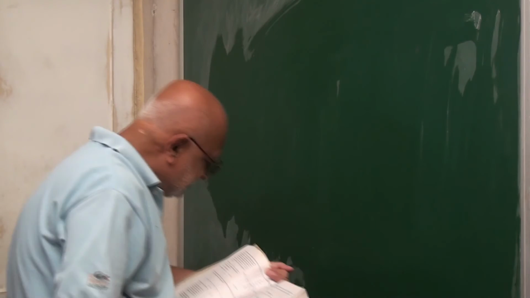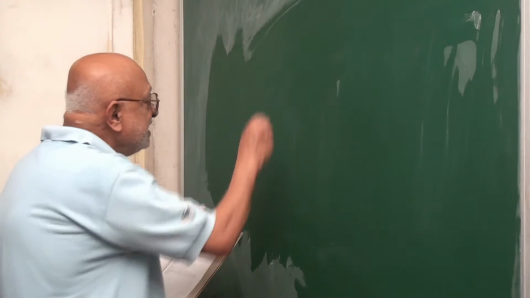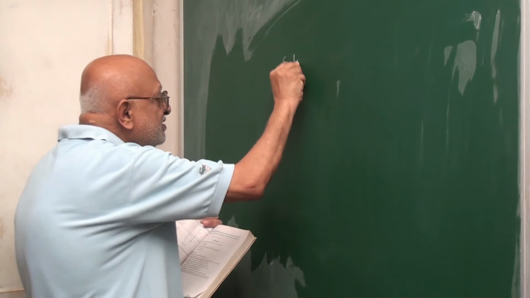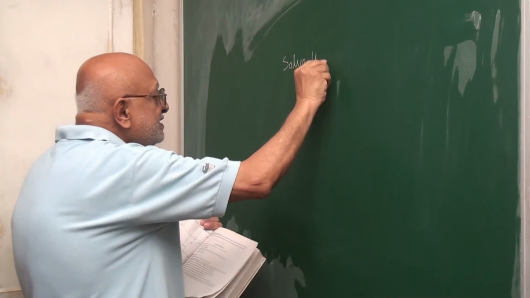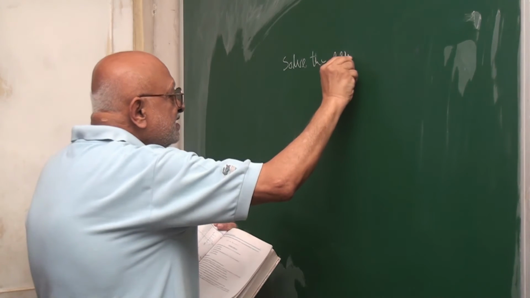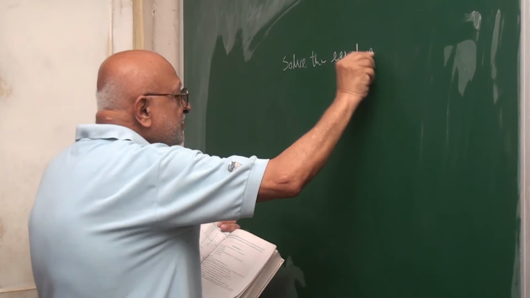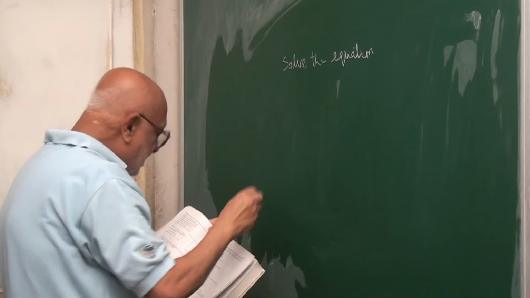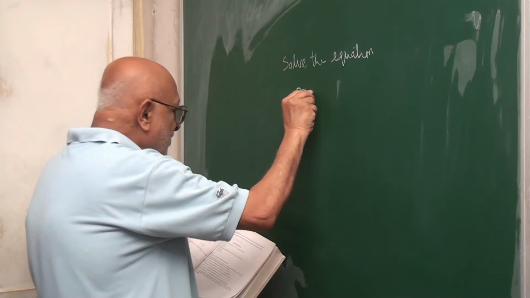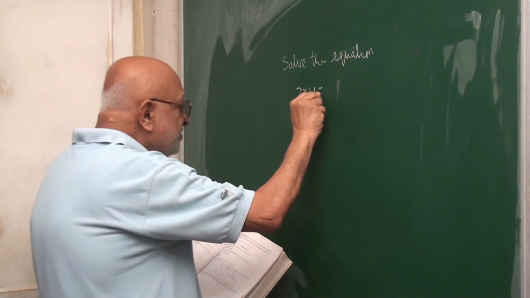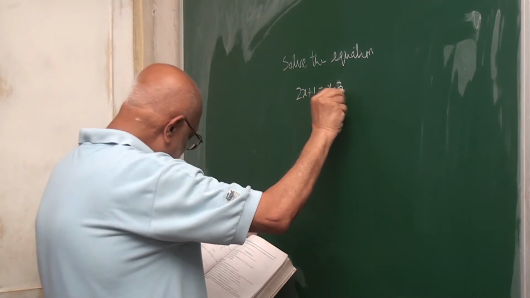So this says solve the equation. What is that equation? That equation is 2x plus 1 is equal to x minus 3.